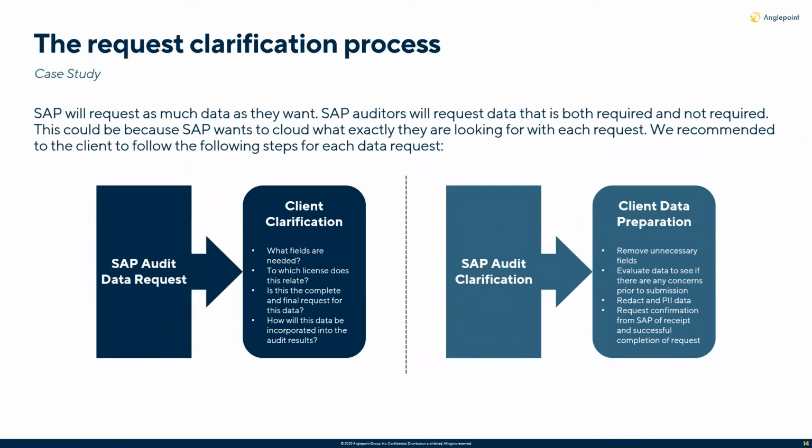That is what we were trying to drive home here, is that tell us what license that data point is supporting. And when you do, then we will provide the data for it. But if they couldn't give us an appropriate answer to say, this is the data point that we need, and this is the license that we're trying to audit, then we pushed back really hard and we said, well, this isn't a fishing exercise, right?